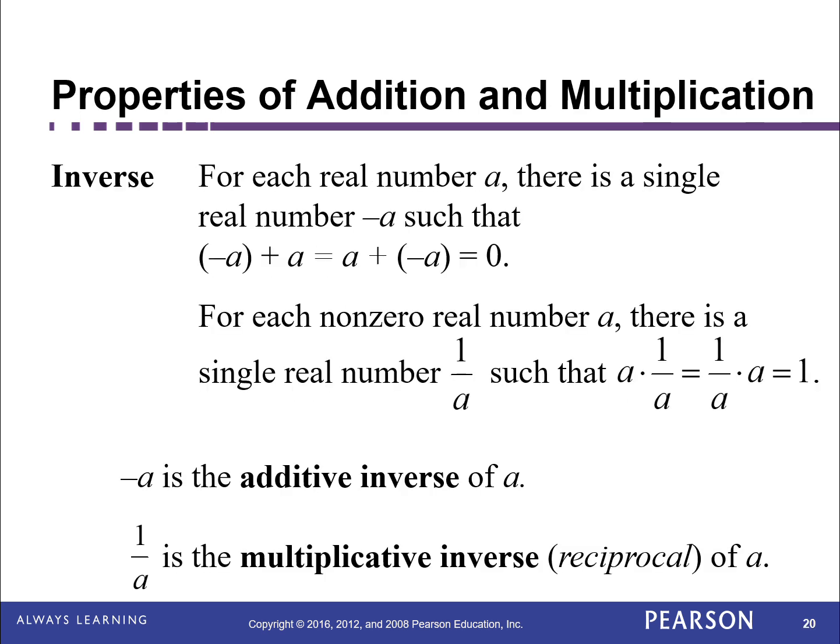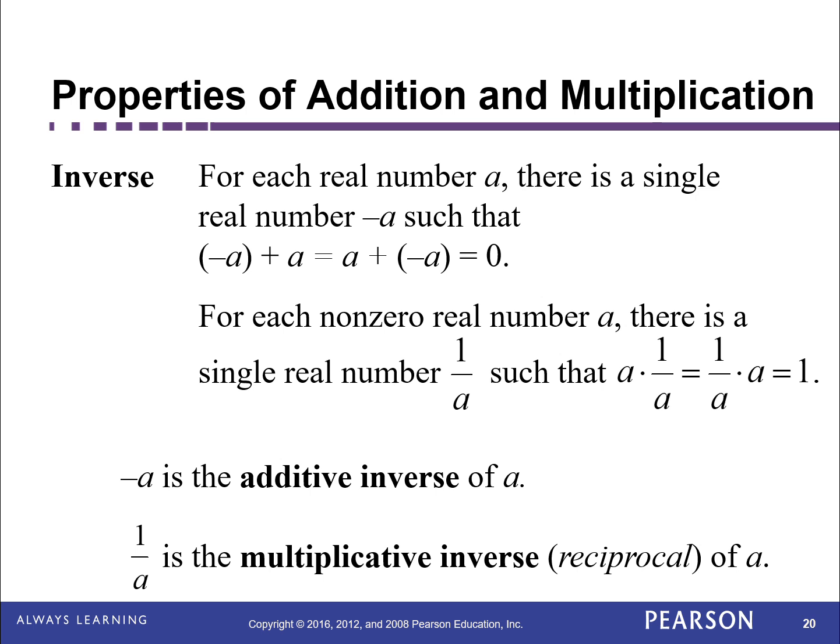If we're looking at inverses here, for each real number a, there is a single real number, negative a, such that negative a plus a is the same thing as a plus negative a, which renders a 0. For each non-zero real number a, there is a single real number, 1 over a, such that a times 1 over a equals 1 over a times a equals 1.